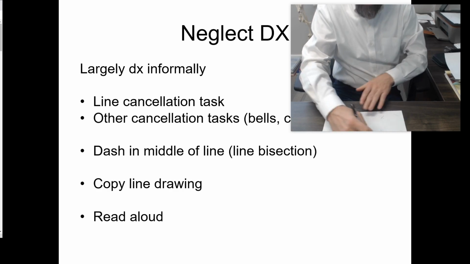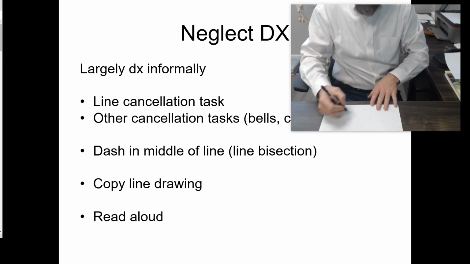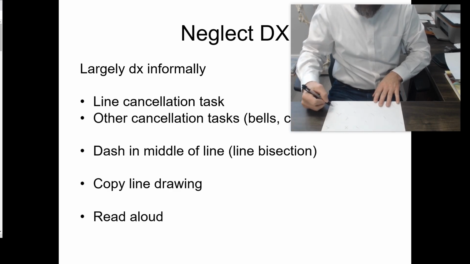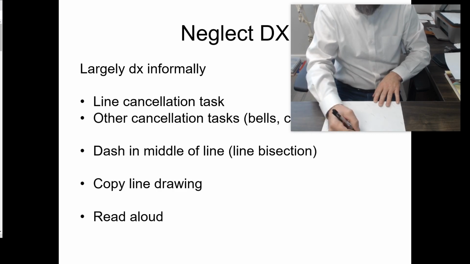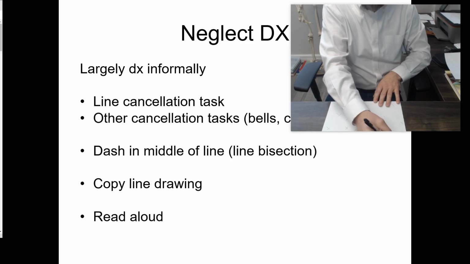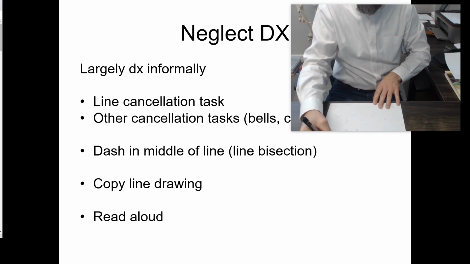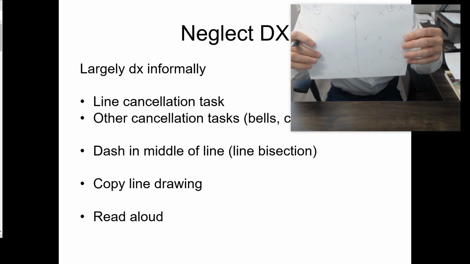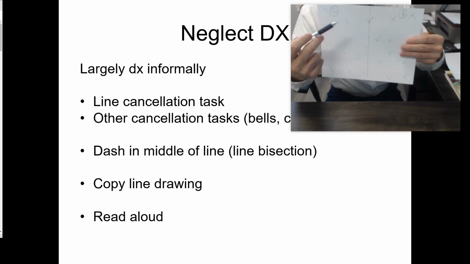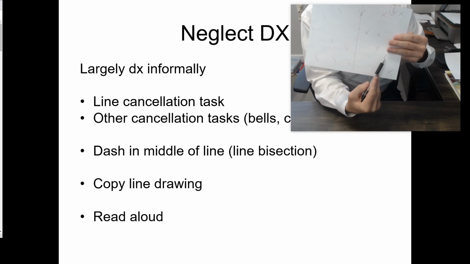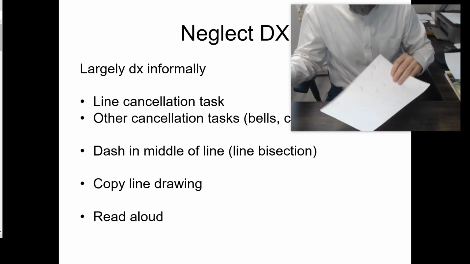And if they have neglect, then when they complete the task, it's probably going to look like this if they have left neglect. This is the left side. This is the right side. So you'll see that they have made X's on the right side, but not on the left.